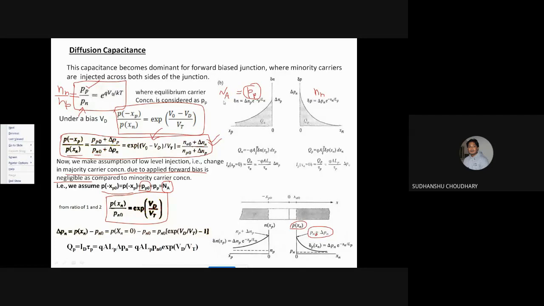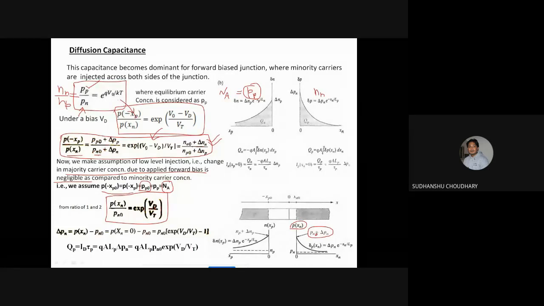So this assumption we make, and from dividing these two equations and using this assumption, we arrive at this relation.